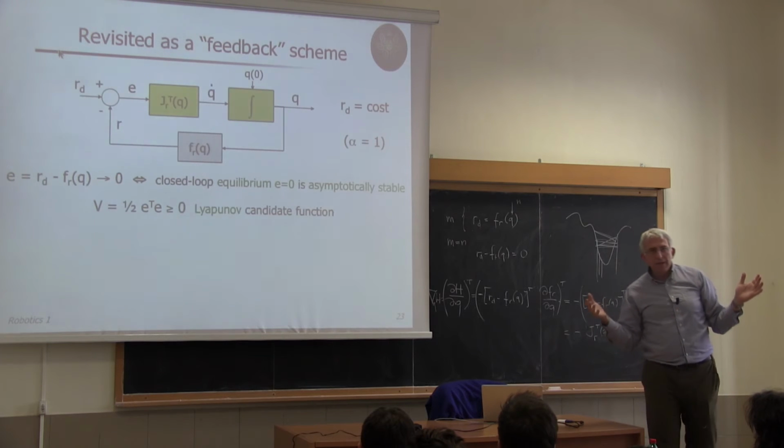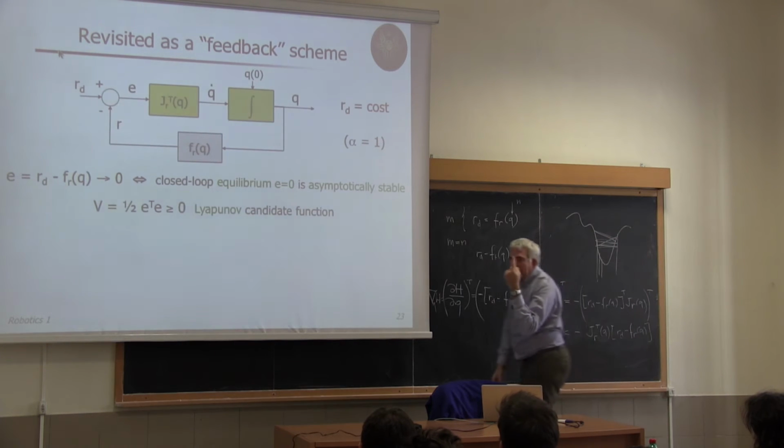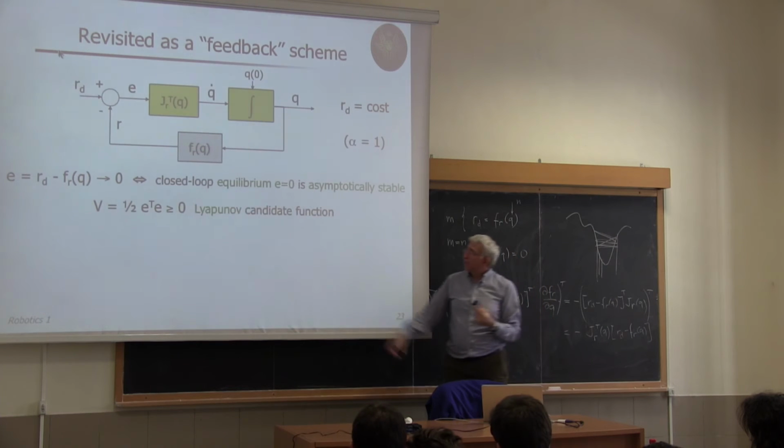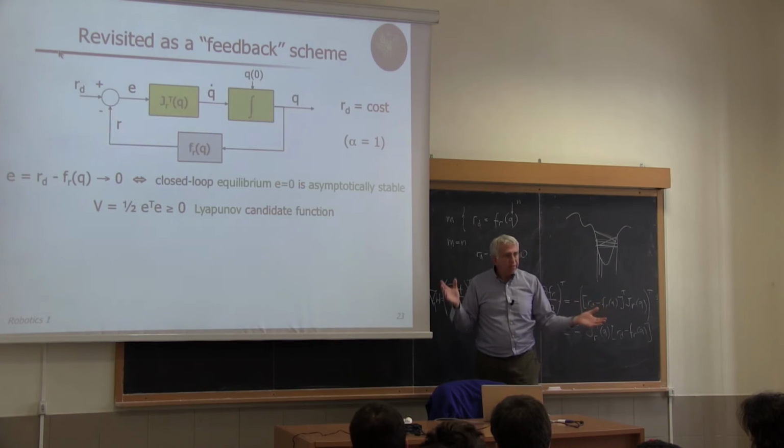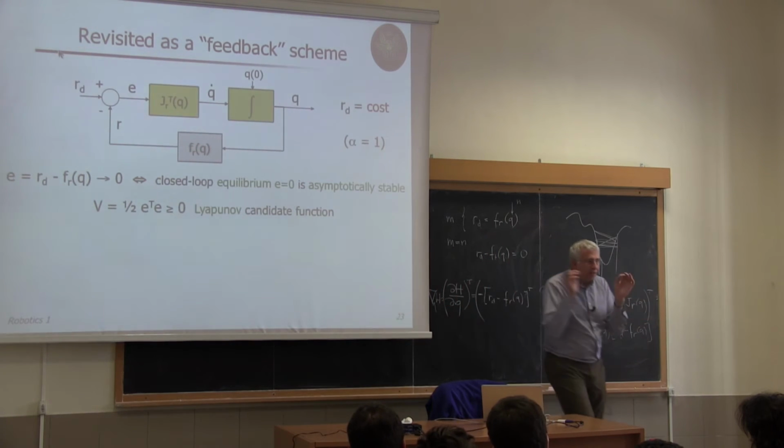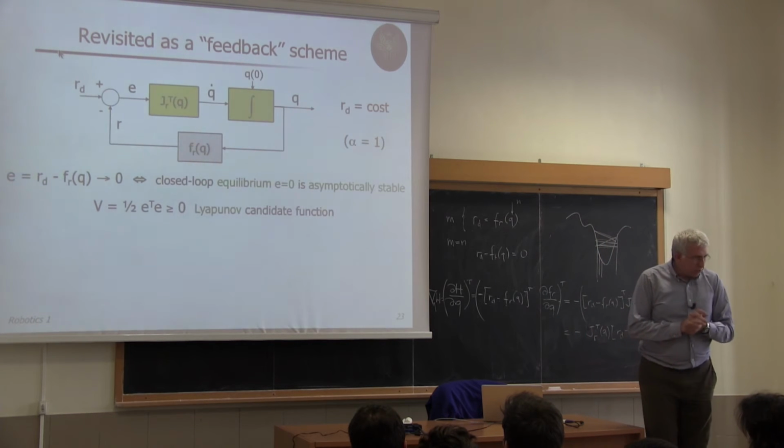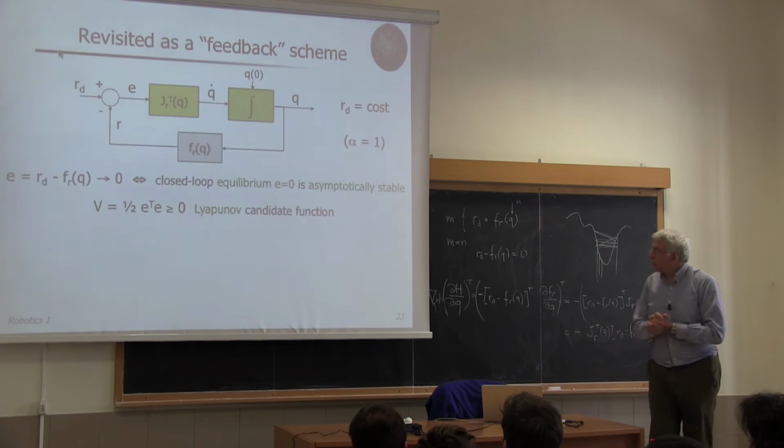Okay, very simple. So we're just looking at one scalar function, even if the system has 250 joint variables, we can decide upon convergence. Okay, so it's a very powerful result.